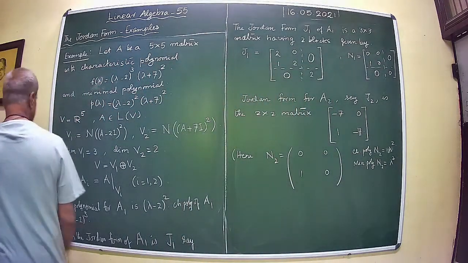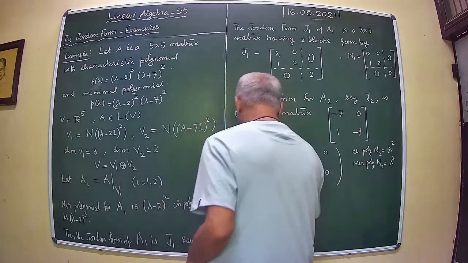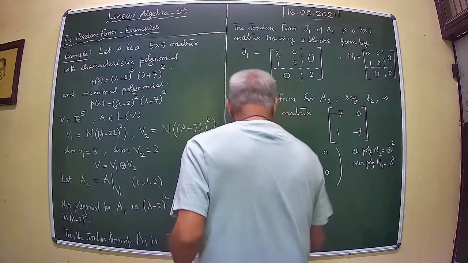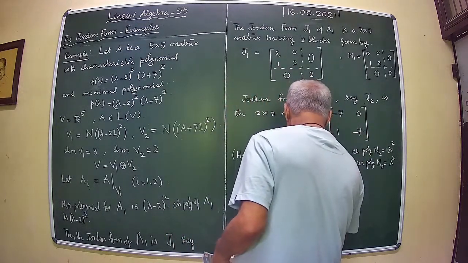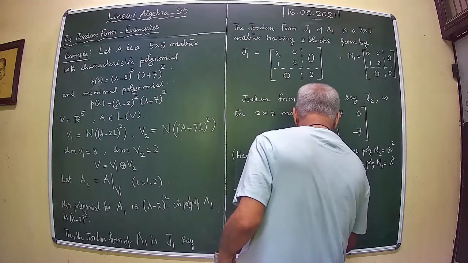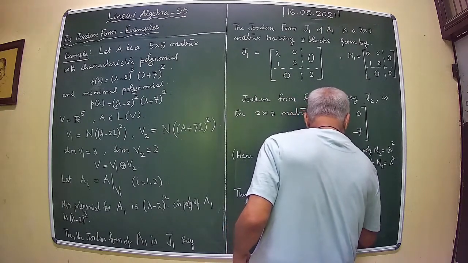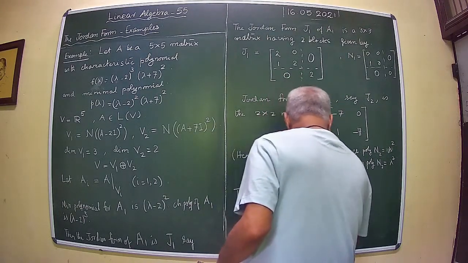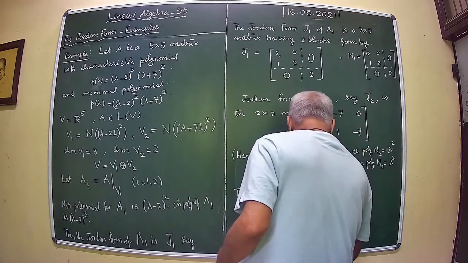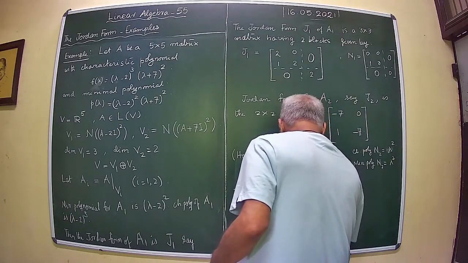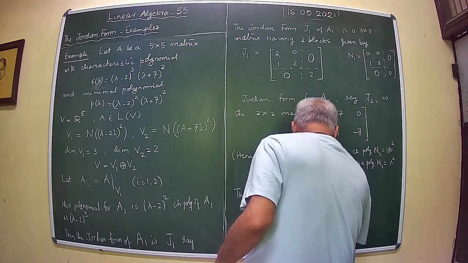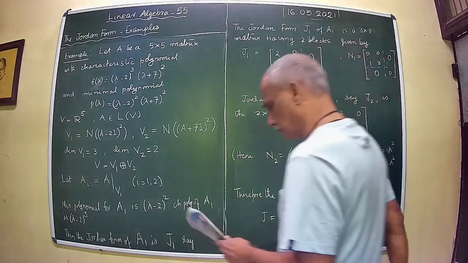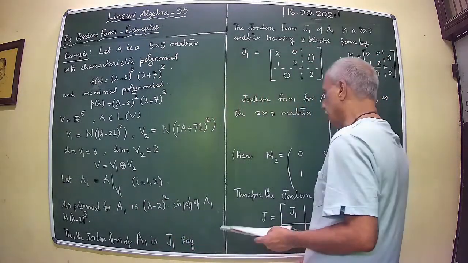That is the reason for it. Therefore, the Jordan form of A is given by J, where J1 is a 3 by 3 matrix and this is a 2 by 2 matrix. So that's how it comes.